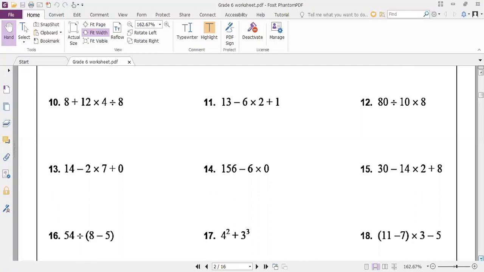So first I do the multiplication, Muhammad. 12 by 4, Muhammad, is equal what? 48. 12 by 4 equals 48, right? Yeah. 12 by 4 equals 48, Muhammad.